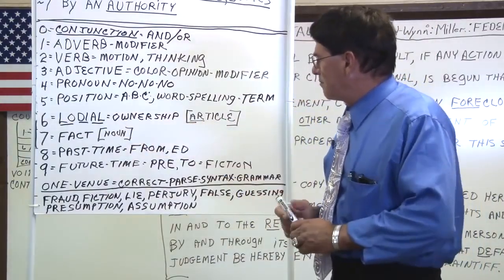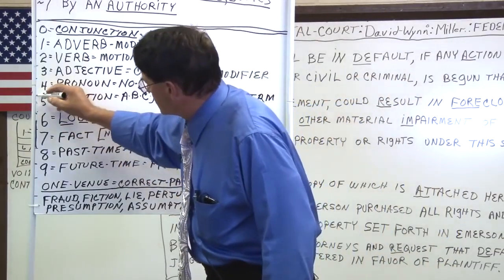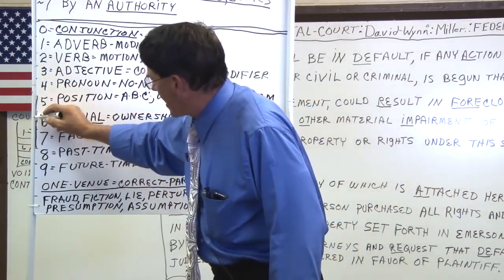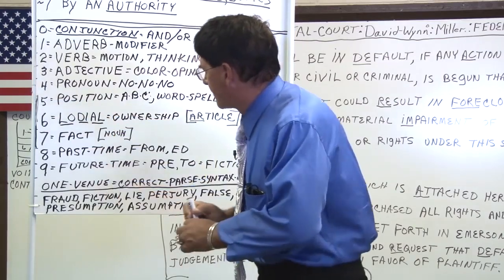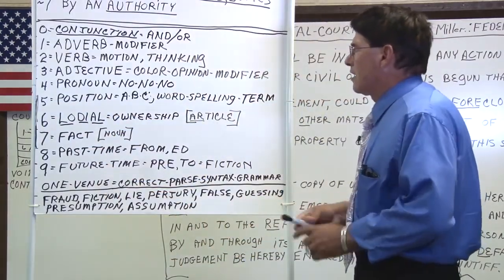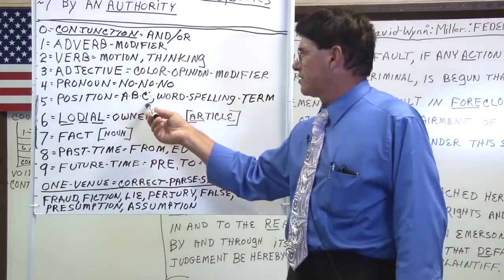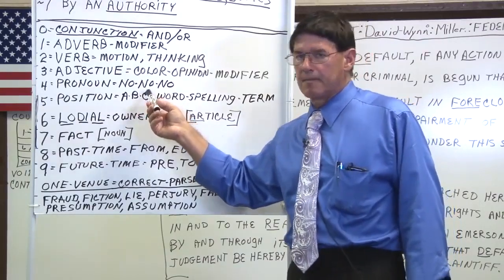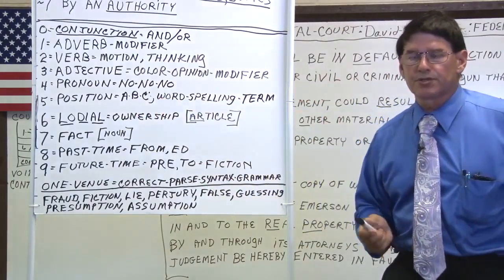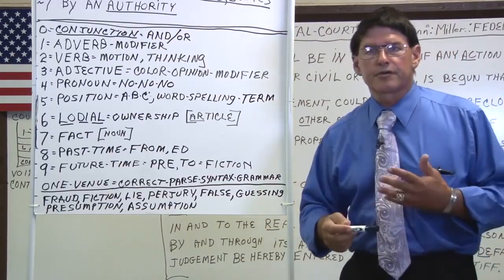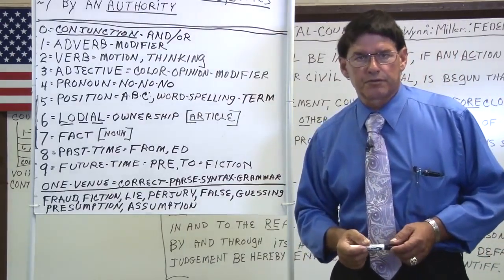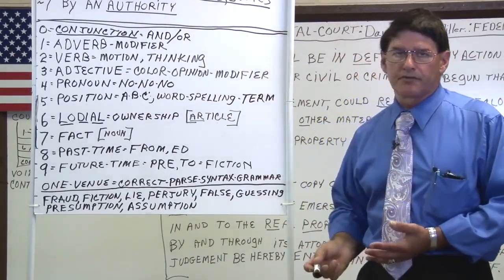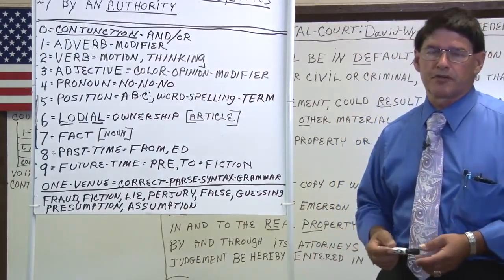Now, in the presentation of these numbers, the positional fact, which is 5, 6, and 7. The position of a word identifies using the ABC alphabet. Now, this is between two individuals when they come together. They have to agree on what alphabet they're going to use. If we were in China, we'd be using the Chinese alphabet. If we were in Russia, we'd be using the Russian alphabet.